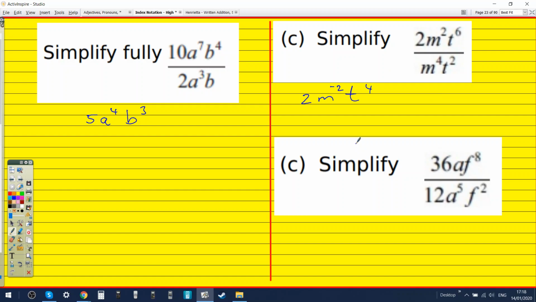And how about the bottom one? 3A^4. Again, this is 1 minus 5, not 5 minus 1.